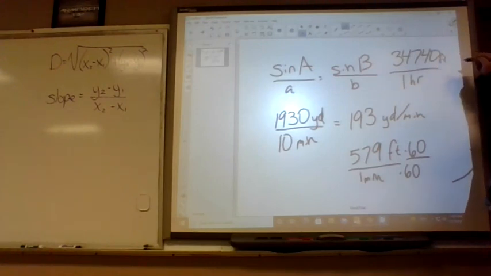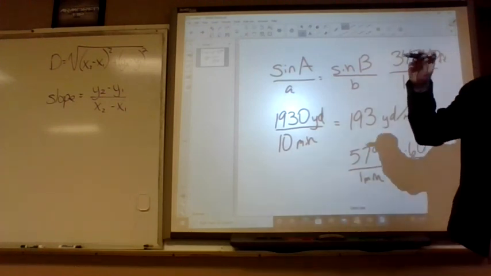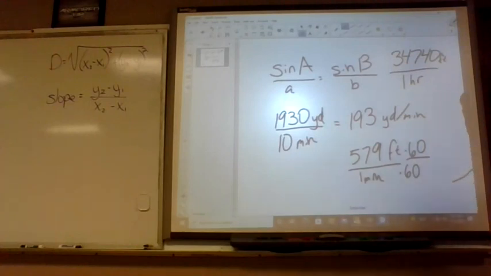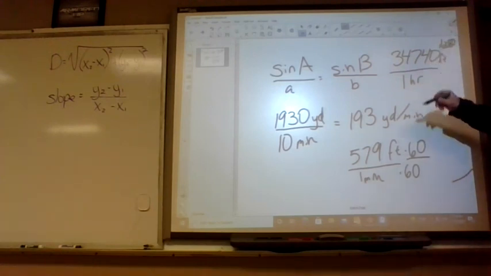This is still feet. And then divided by 6,080. That'll turn the feet into knots. 5.71.